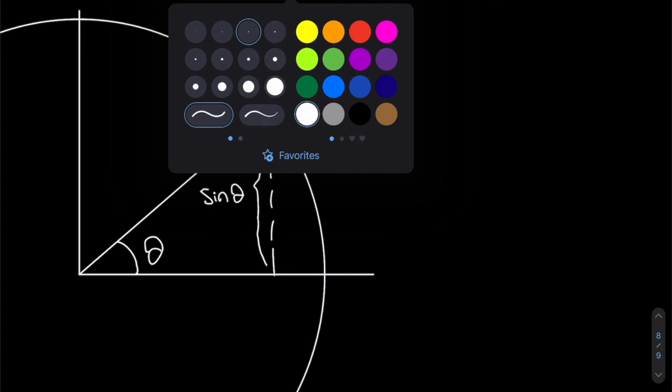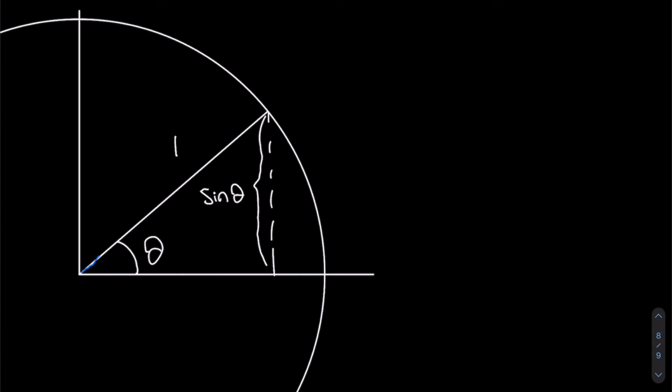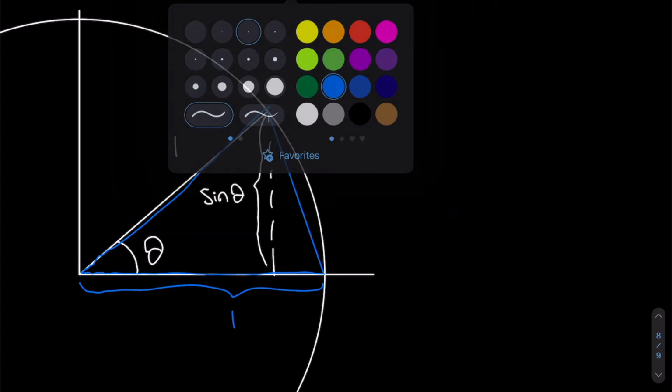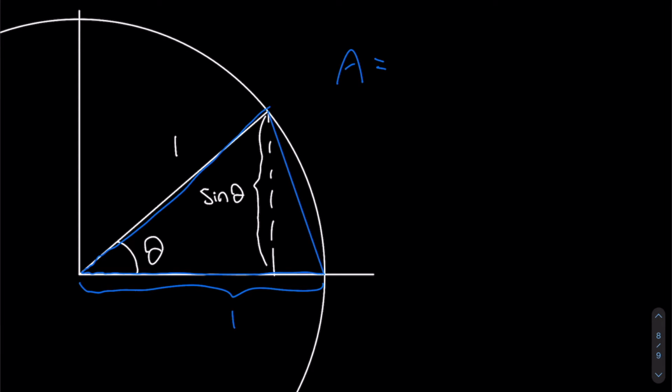Now, first, I want to compute the area that I'm outlining here in blue. This triangle that I've drawn in blue has a base of 1, the radius, and a height of sine theta. So this blue area equals the magnitude of sine theta over 2, since the area of a triangle is base times height divided by 2.